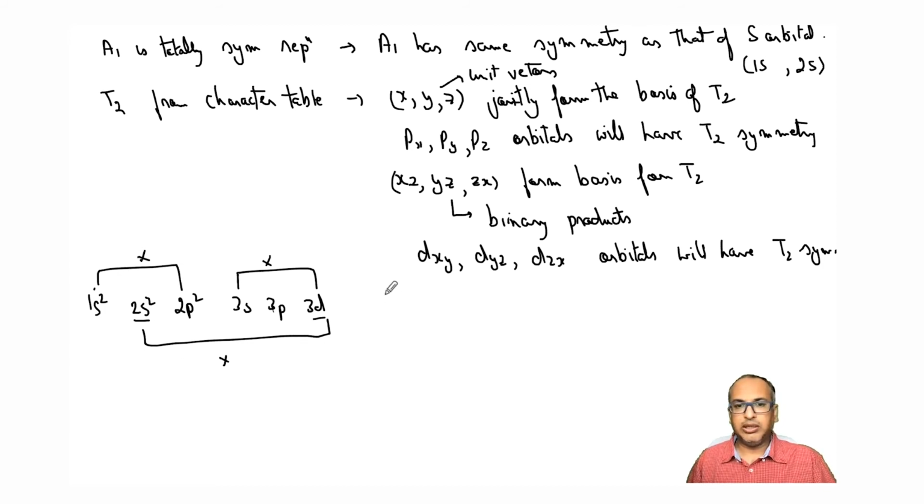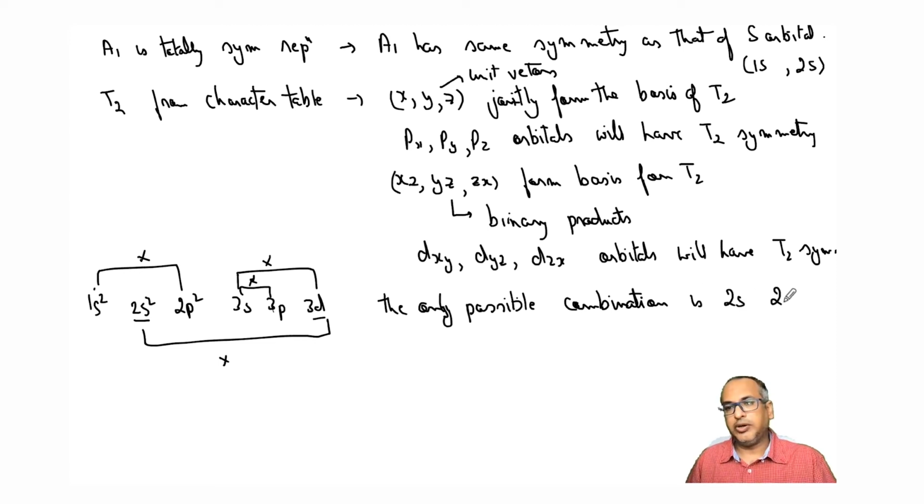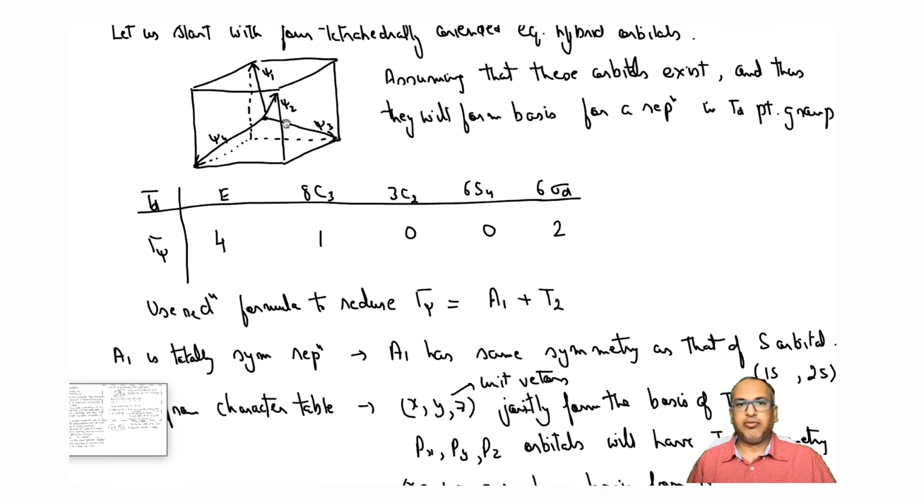The only possible combination is 2s and 2p orbitals, right? So we have the s orbital and three p orbitals, which can now combine to give you 4 hybrid orbitals, psi1, psi2, psi3, psi4, right?